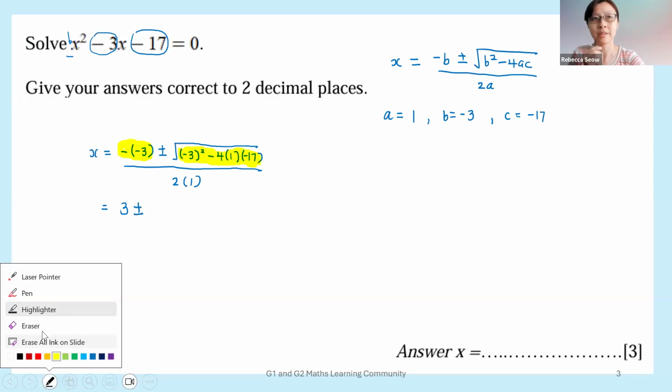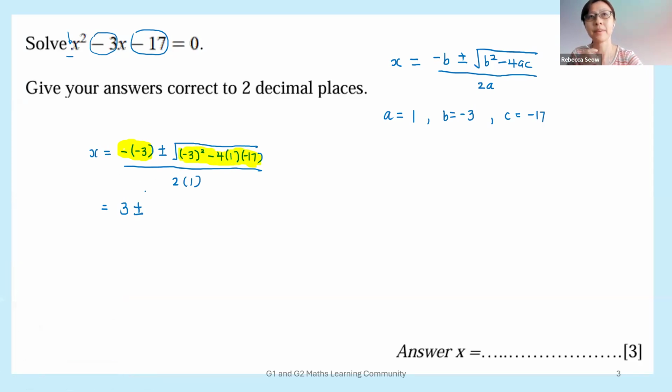Let's work it out. I have gotten 77 within the square root sign. And the denominator, lastly, I will work that out as well using the calculator, and that would give me 2.